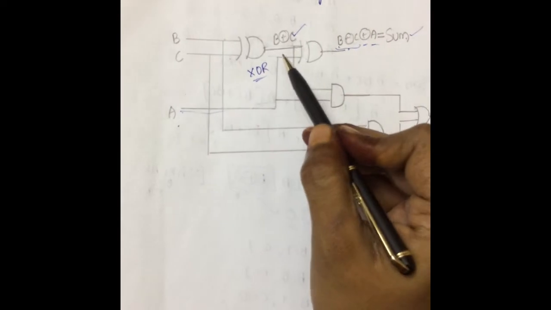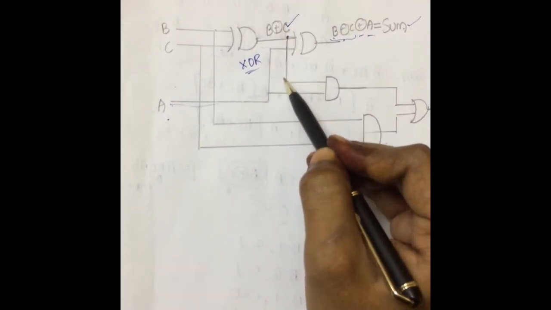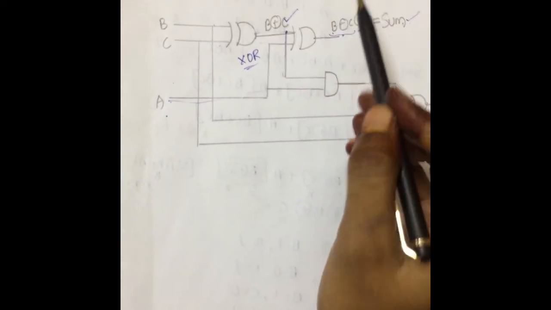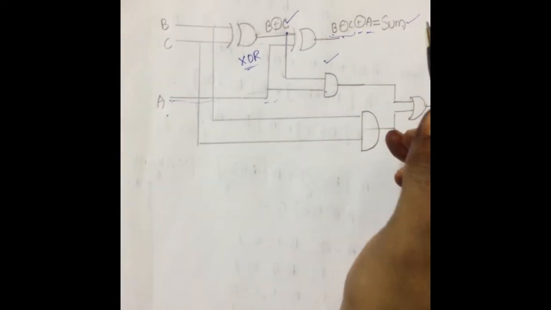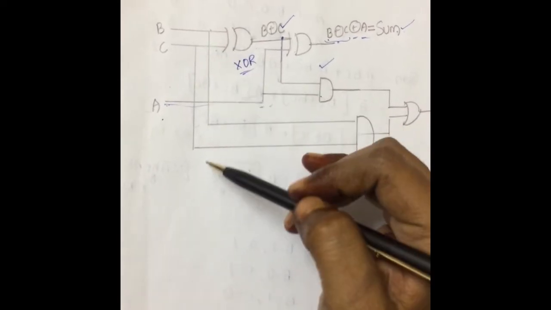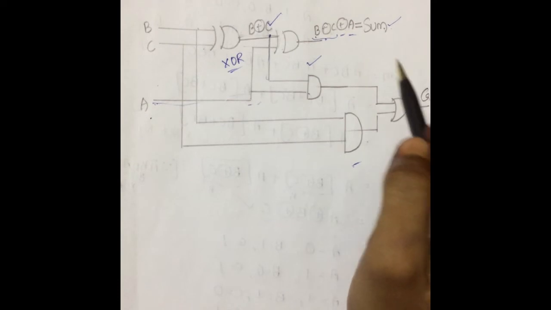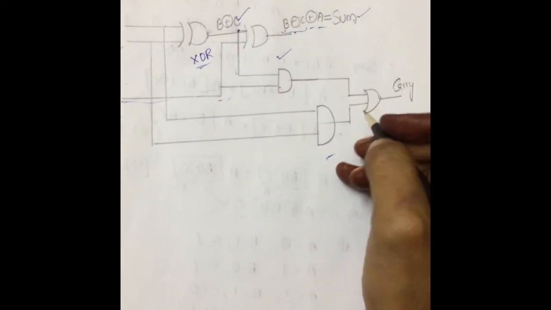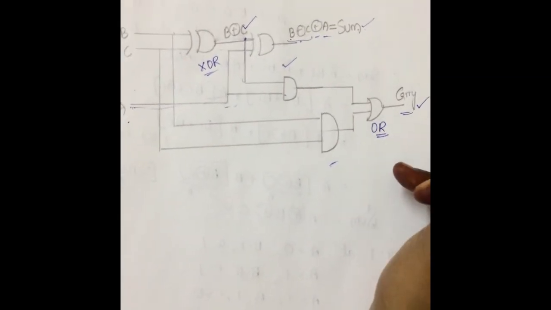Now the carry. B XOR C is already there, so I am taking it from here as one input. Into means AND gate, so A is coming from here and an AND gate is applied. Now the next term is BC. Both B and C are taken, B into C, so one more AND gate. For these 2 inputs, addition is there, which means I have to represent it with an OR gate. Then finally we get the carry.